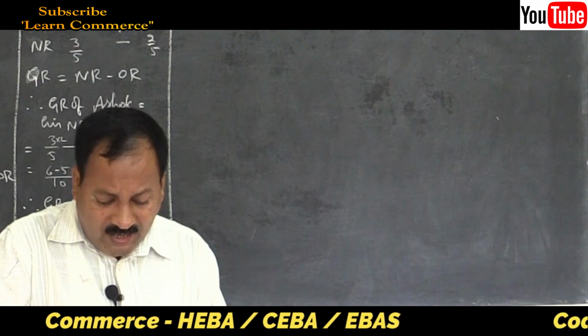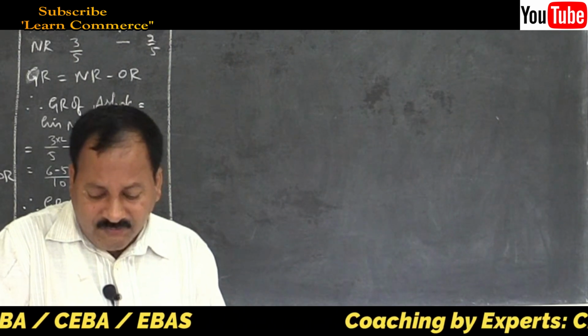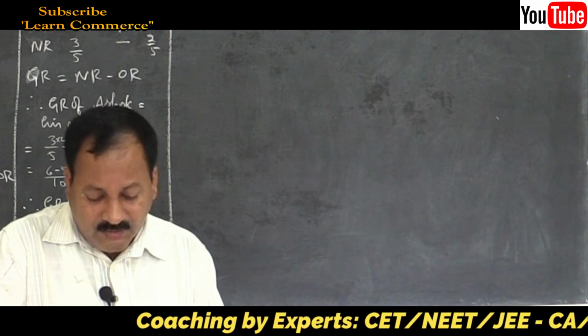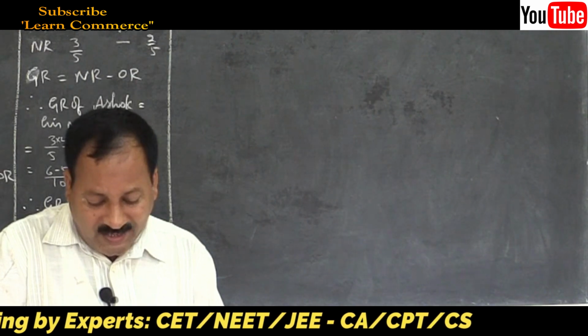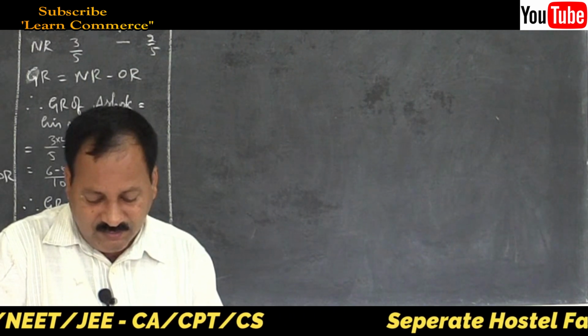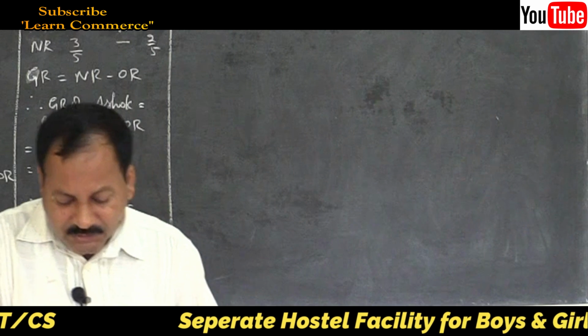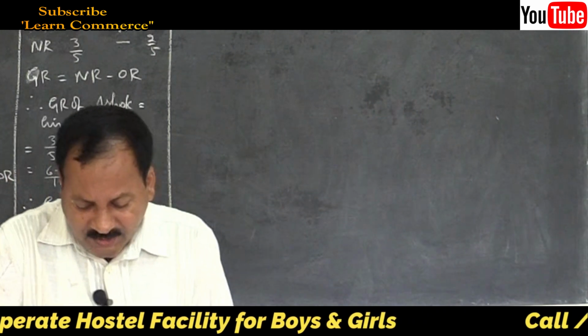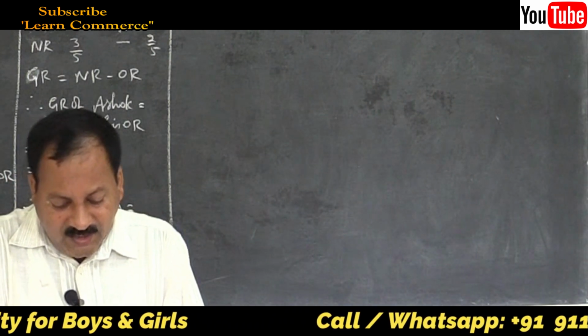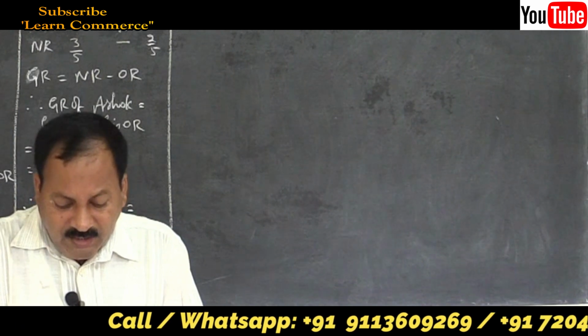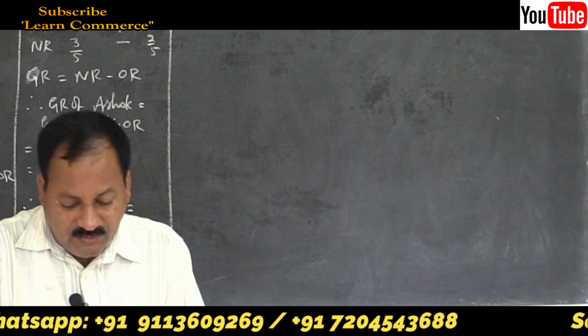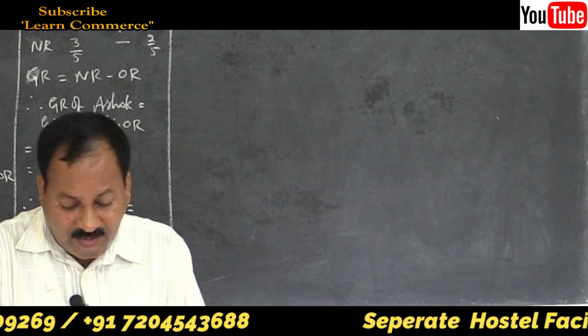Lata, Abhishek and Apeksha are partners sharing profits and losses in the ratio of 3 by 8, 1 by 2 and 1 by 8. Lata retires and surrenders 2/3 of her share in favor of Abhishek and the remaining share in favor of Apeksha. Calculate new profit sharing ratio.